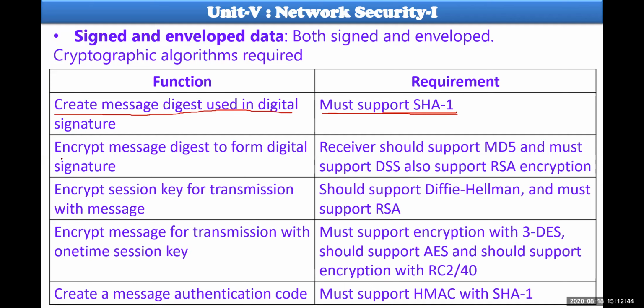If you want to perform this encryption from the digest or digital signature, it is available at the sender side, whereas the receiver must have support for MD5, digital signature schemes (DSS), and RSA encryption also. All these certificates must be installed with your web browser, otherwise you could not open them.